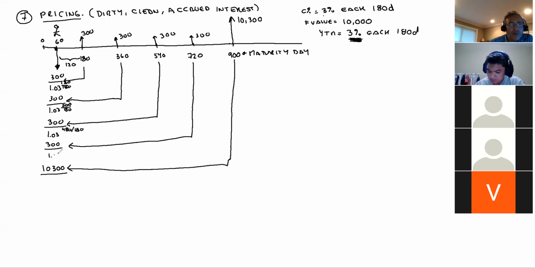This is going to be 1.03, what is that? 660 over 180. And this rate here is going to be plus 840 over 180. Everyone agrees on this, guys?